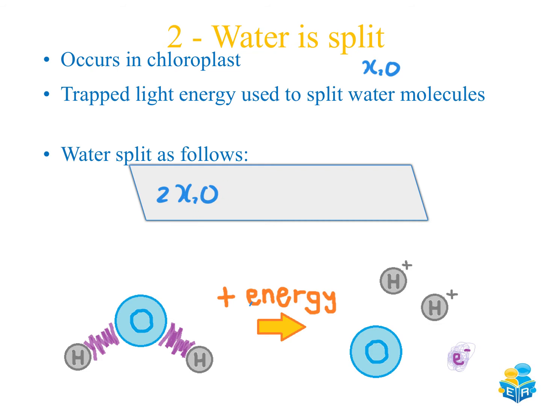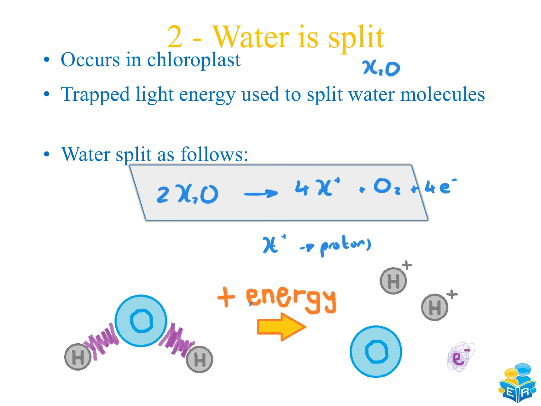So straight away, if we split those up, we're going to have 4 hydrogens. Hydrogens are going to be positive, also known as protons. I'll just write that down. We're also going to have our 2 oxygens, O2 gas, okay, that's coming from over here. 4 hydrogens, 2 oxygens, and we're also going to have 4 electrons.